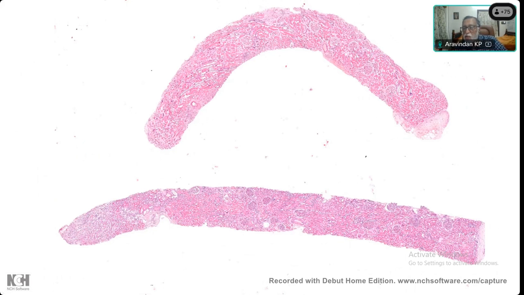Those are the cases which go into renal failure or chronic renal failure. So here, what do you think? Is it showing any significant kind of fibrosis or not? No, sir. Not much. So, good.